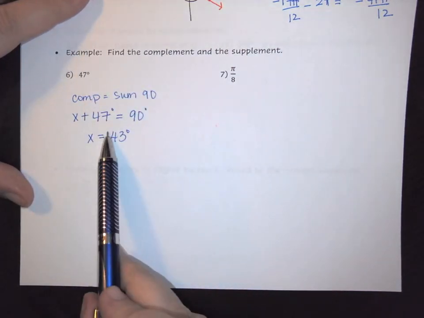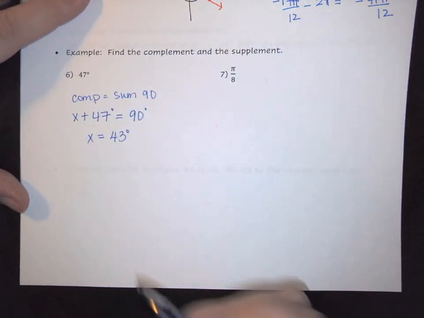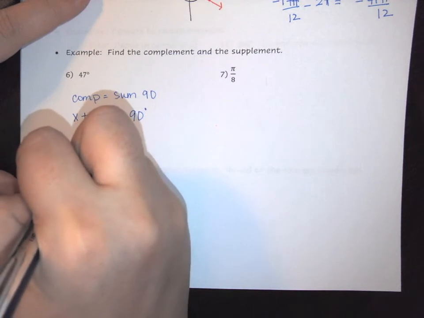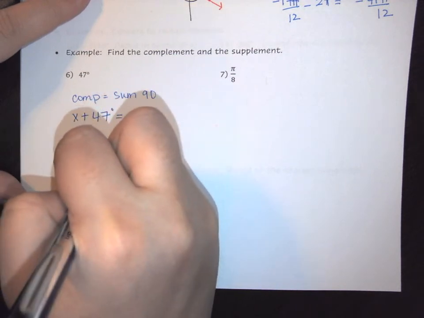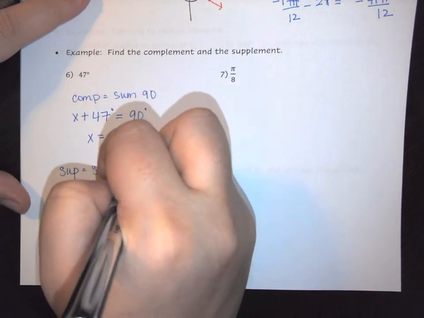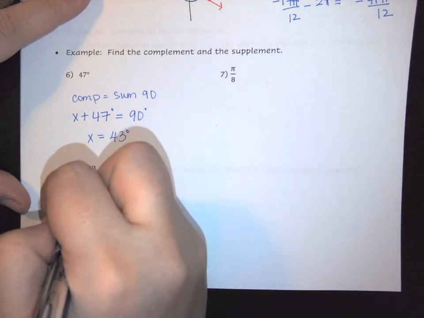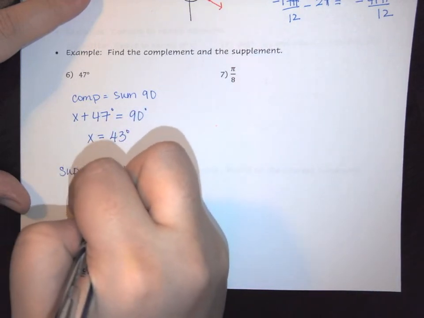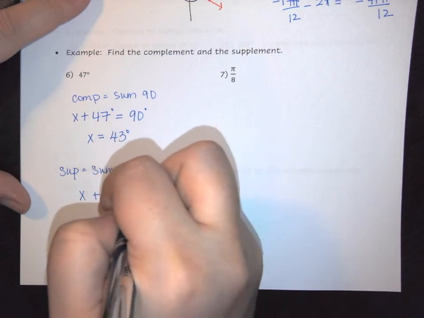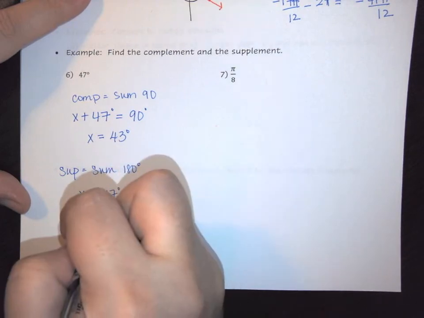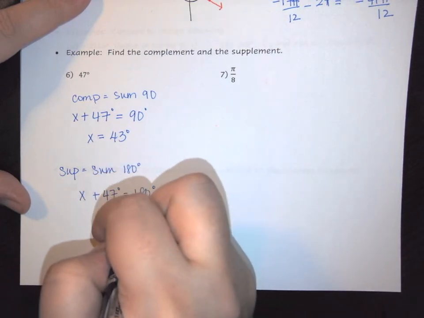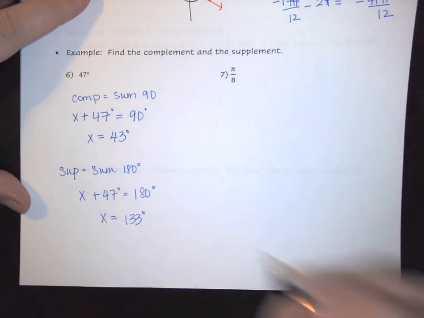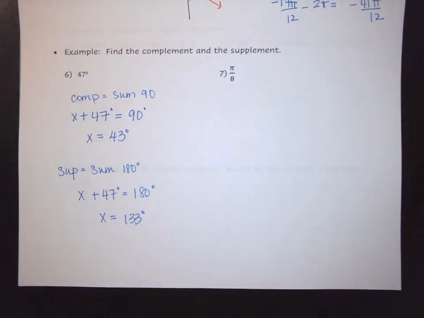Okay, subtract away what you have, and that tells you what else you need. Your supplement is going to be where you sum to 180 degrees. Again, it's the same thing. Something plus my 47 degrees is going to be 180. Therefore, what I'm missing is 133 degrees. Again, by subtracting away the measure I know.